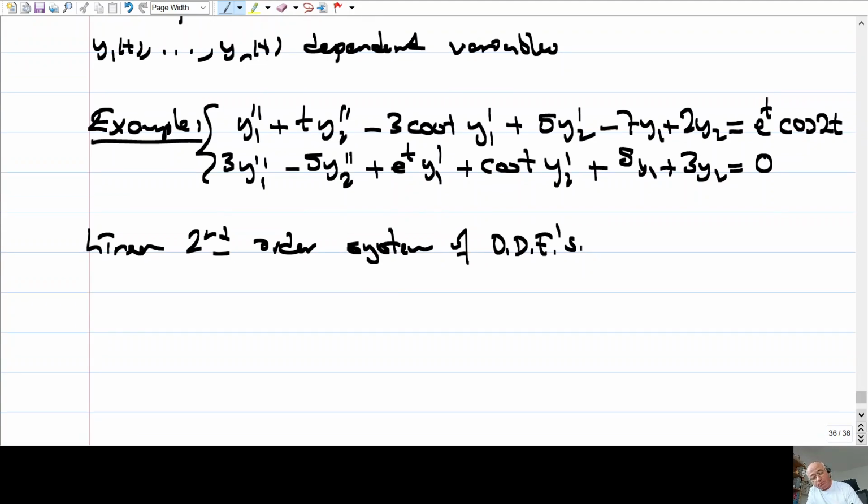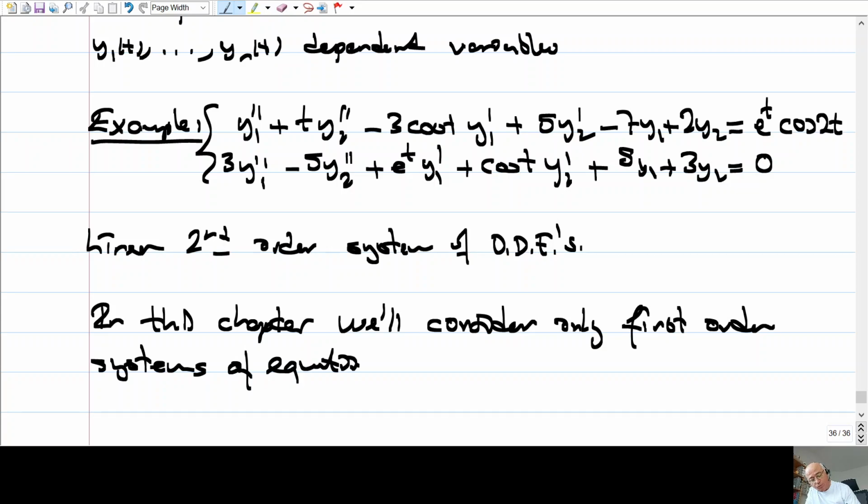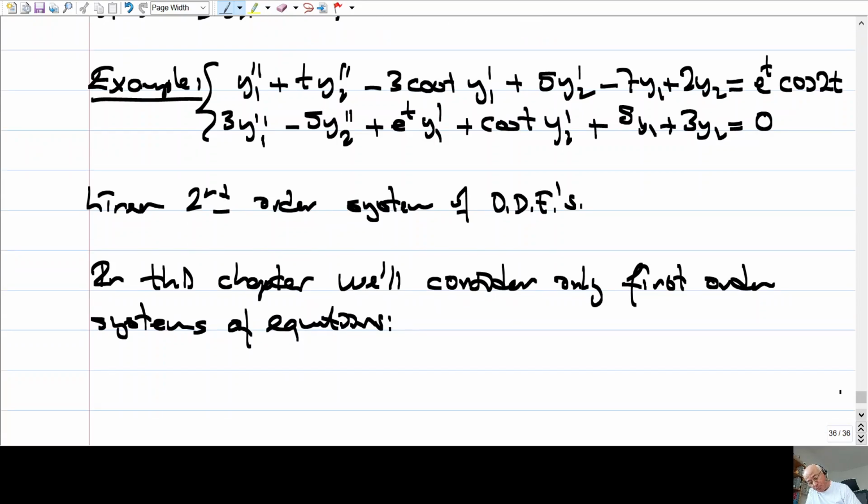So in this chapter, we will consider only first order systems of equations. So we will have only first order derivative terms.